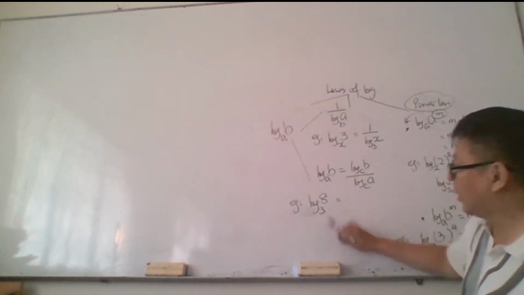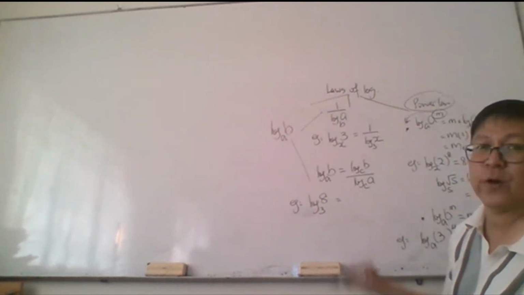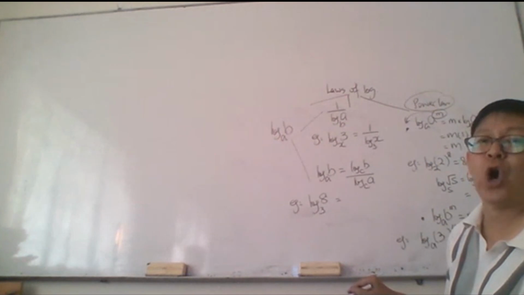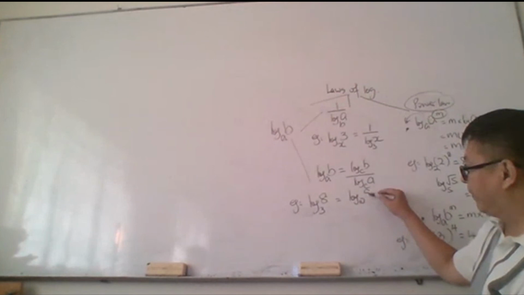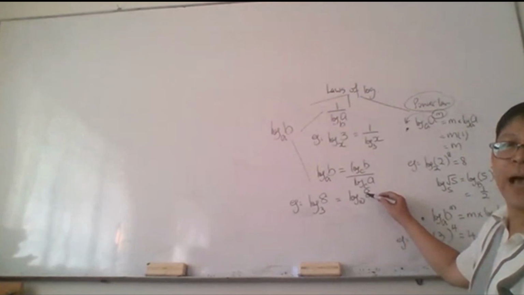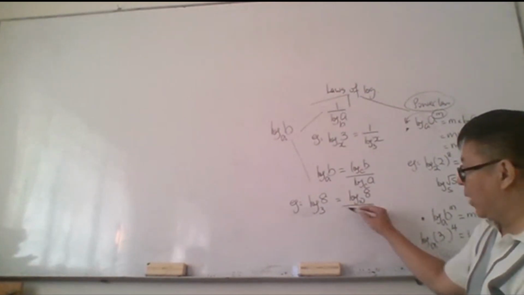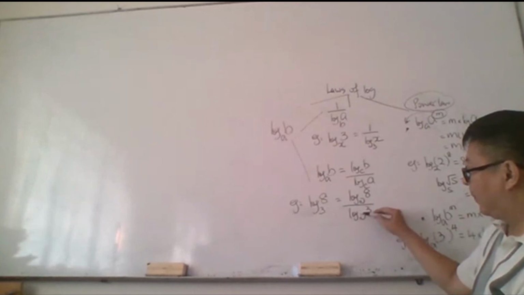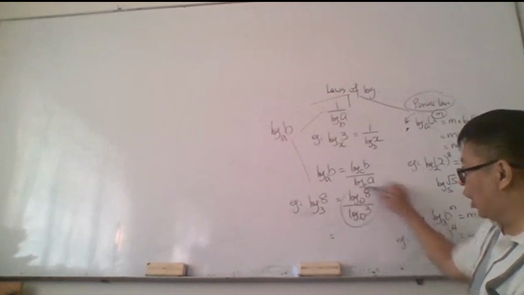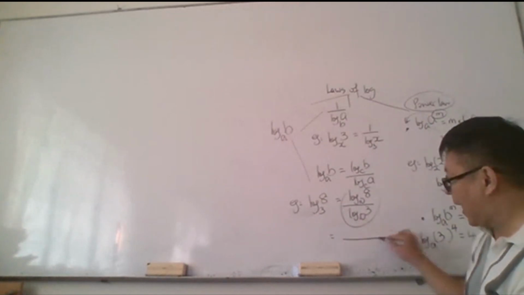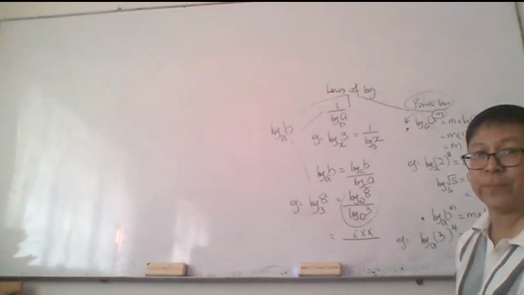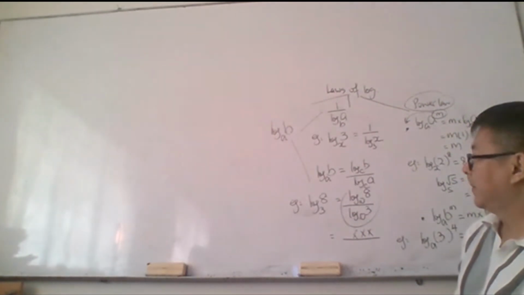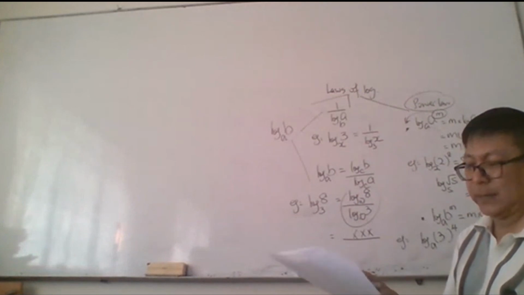In order to calculate the value for this, I must change to common log, that's base 10. The 8 will remain up, and the 3 will remain down. Then you can just use your calculator to get the number. So this is one of the ideas.